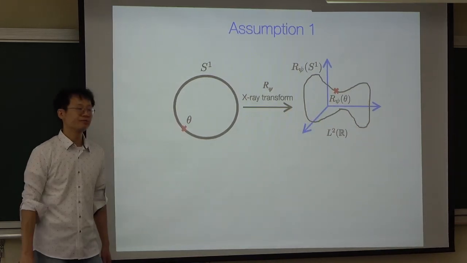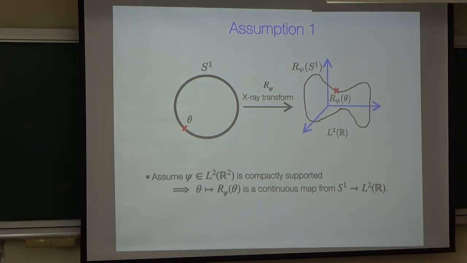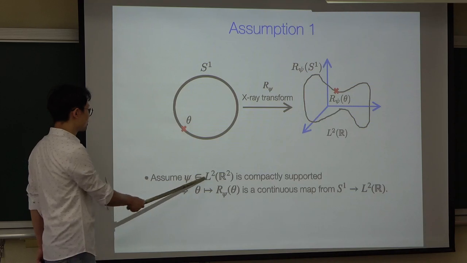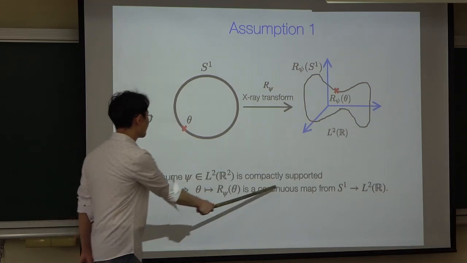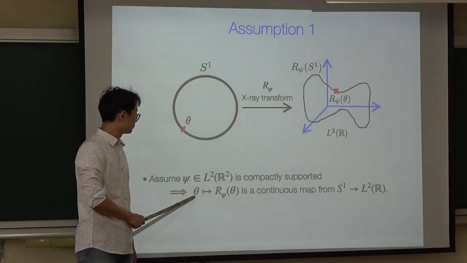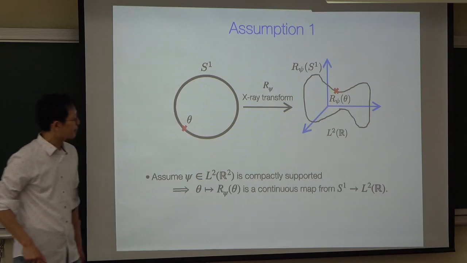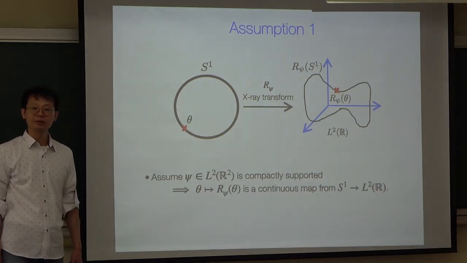And in general, you can view it as in the L2 space. So our assumption is, suppose I give you psi, which is an L2 function, compactly supported. Then theta from this point to that point actually is a continuous map from S1 to L2(R).